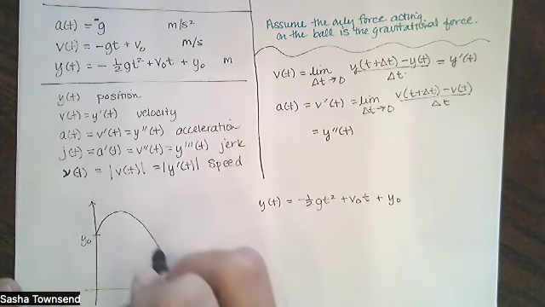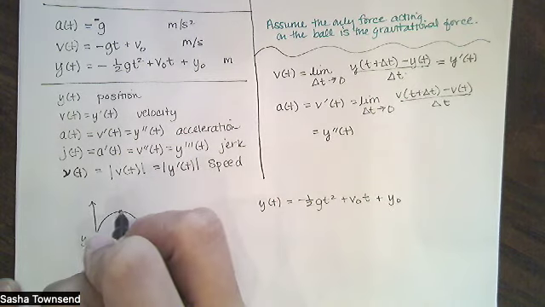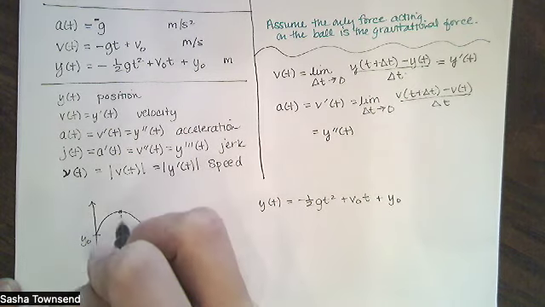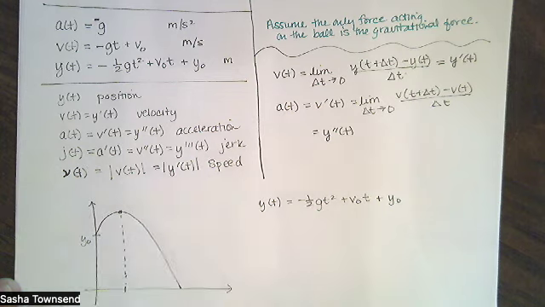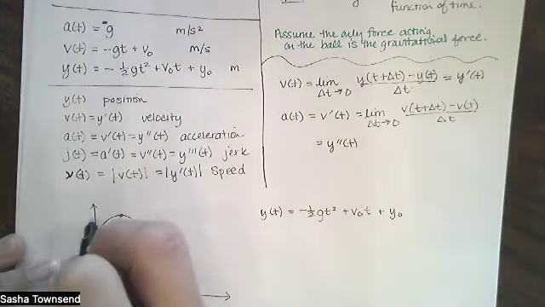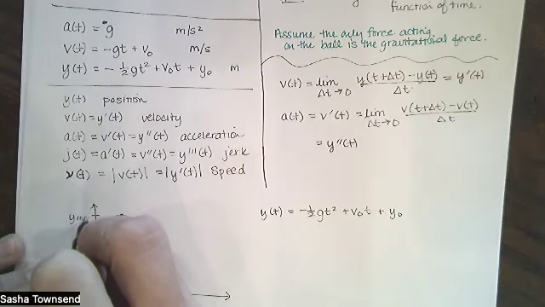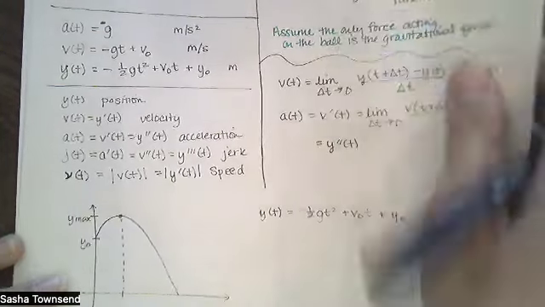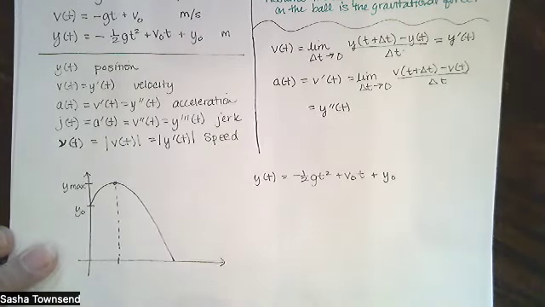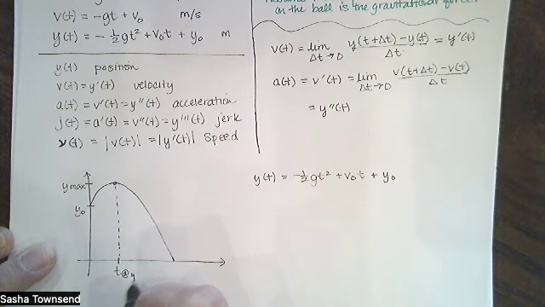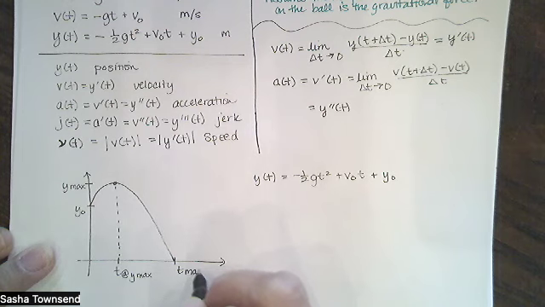Then your graph is going to look like this. And this is Y max. And this is the corresponding T value. So this is T at Y max. Corresponds to that location. This is T max.